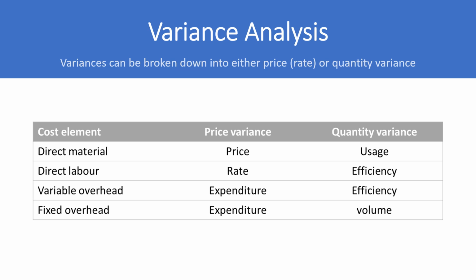The variable overhead is the expenditure, the cost of your expense, and is based on efficiency in terms of the quantity variance. And last but not least, fixed overhead: the price variance is for the expenditure, and the quantity variance is based on volume.